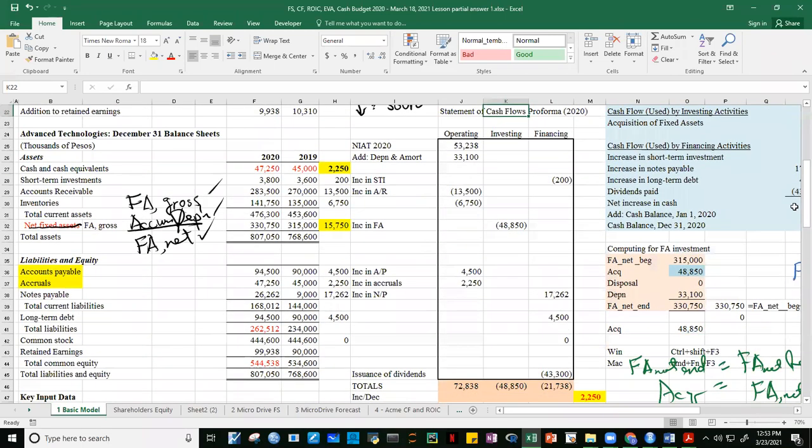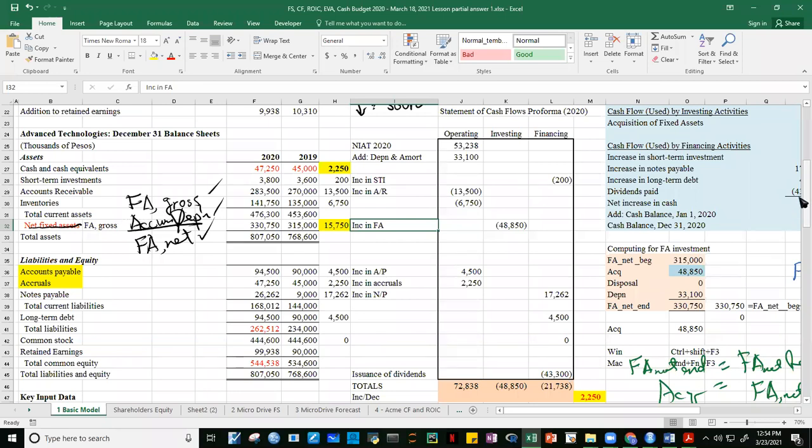Another thing that we looked into was the property, plant, and equipment, in particular if you're given the net fixed assets. We said that it's wrong to compare the net fixed assets. Usually the gross amount is given, so you just compare the gross amount.